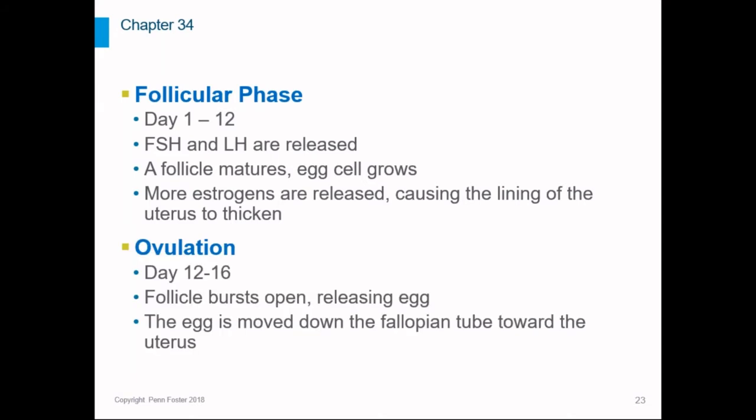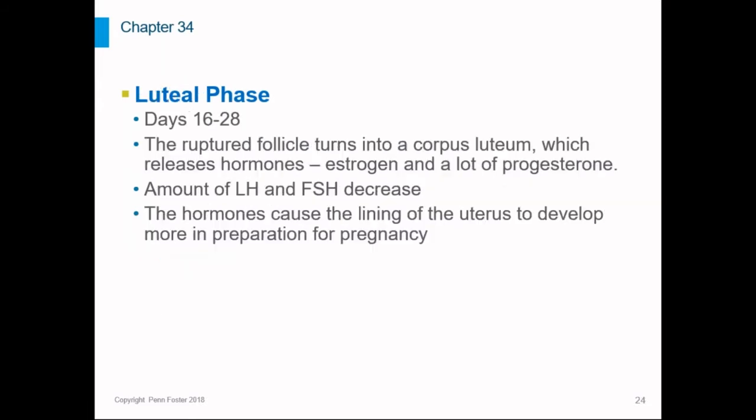The next stage is ovulation, which is where the follicle holding the eggs bursts open, releasing the egg, and the egg is moved down the fallopian tube toward the uterus. The third phase, from days 16 to 28, is the luteal phase. In this phase, the ruptured follicle turns into a new structure called the corpus luteum, and this releases hormones.